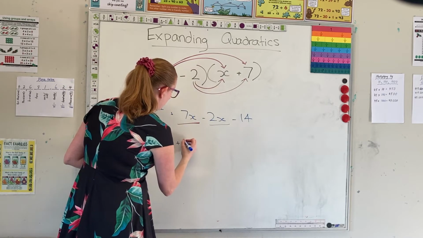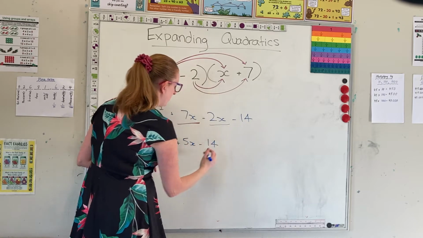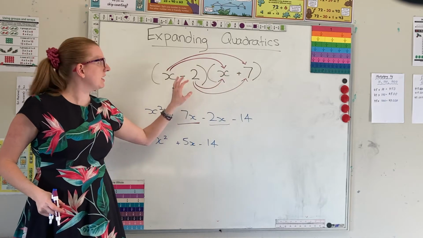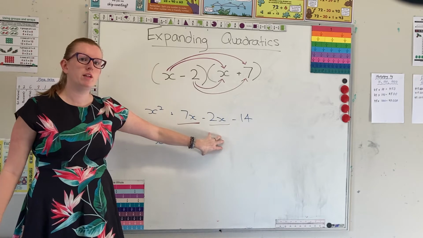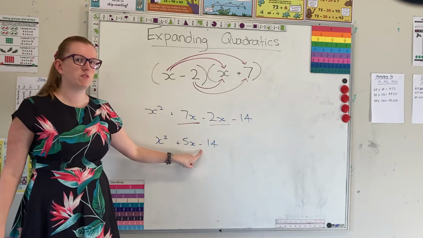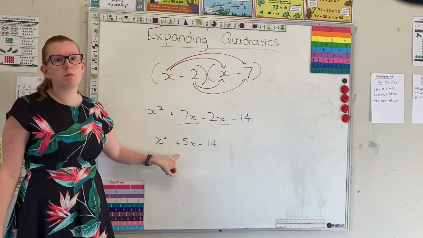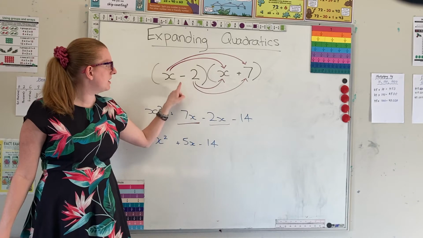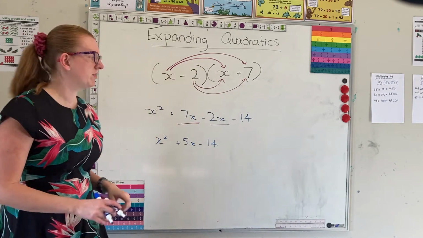So I get plus 5x. And here it becomes -14. So if you have only one negative in your set of brackets, your final component in your quadratic will be negative. However, your middle number could be positive or negative, but you'll know if one of these has a negative in there if your final component is negative.